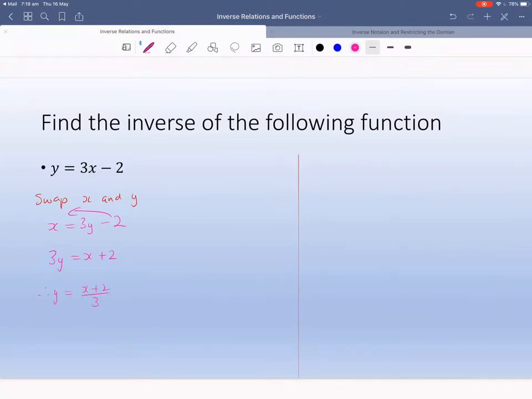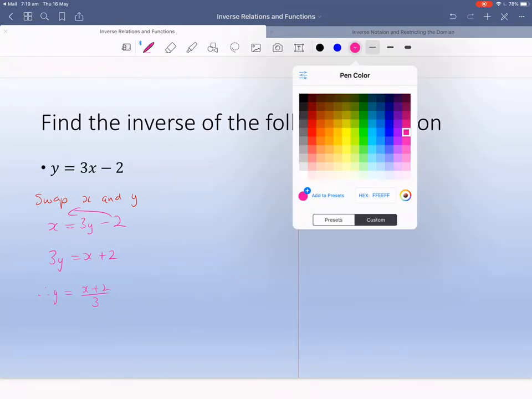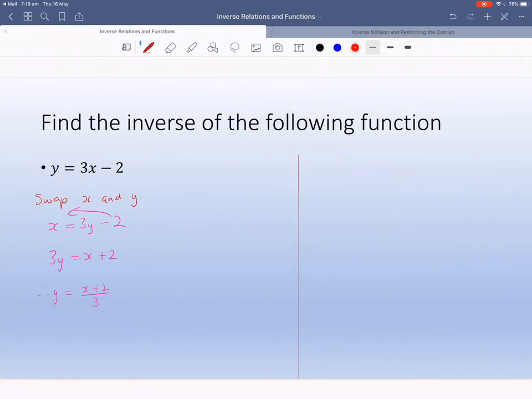Now I can say a therefore again, so I'm going to get my red pen. Therefore, the inverse function of y equals 3x minus 2 is y equals (x plus 2) over 3. So the inverse function of that is this one here.